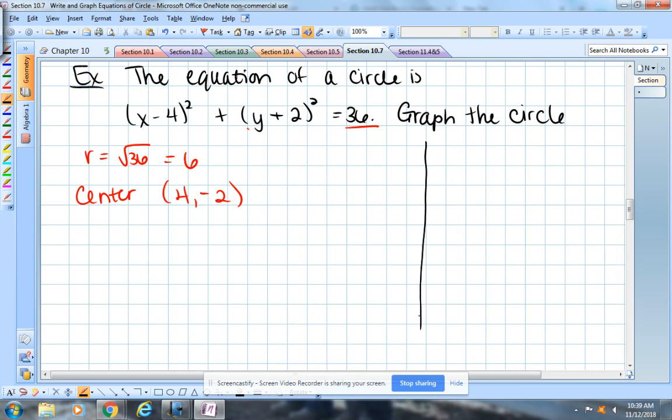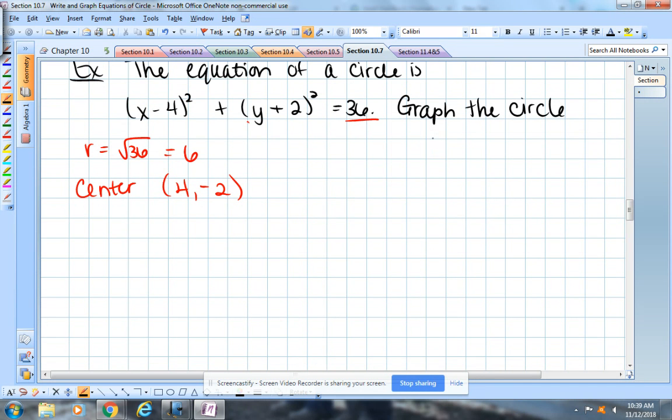First thing you need to do is graph your center. So draw yourself an X and Y coordinate plane. We haven't done this in a while.